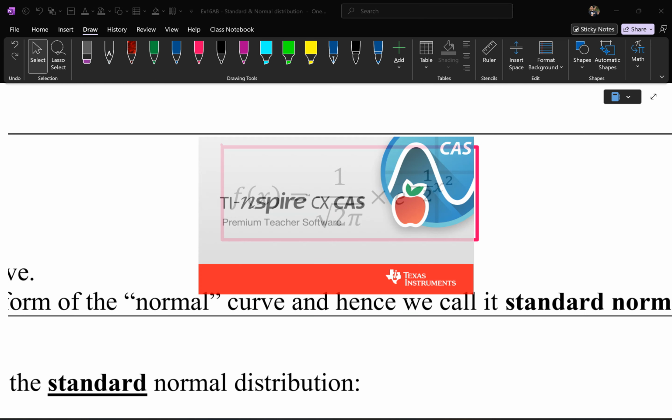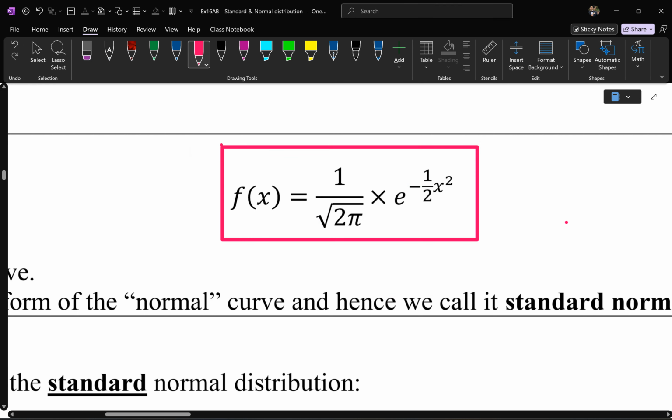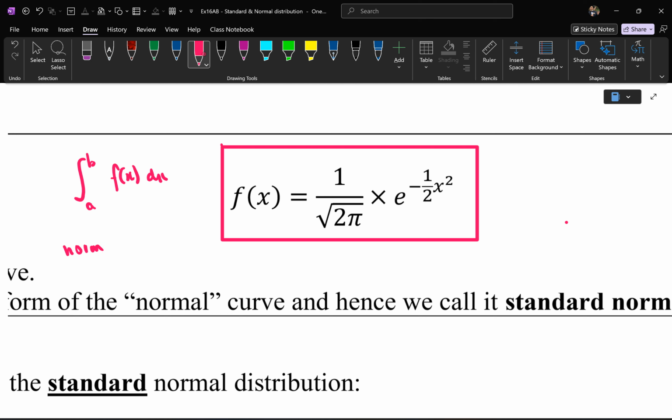It means you're finding the area under the curve of this function. It solves the integration of this function for you between two bounds. So instead of typing integration from A to B of this function, norm CDF essentially does that. That's what your calculator is doing. Likely you won't need to know that rule, but if the examiners wanted to, they can give you that and get you to play around and find the expected value, etc.